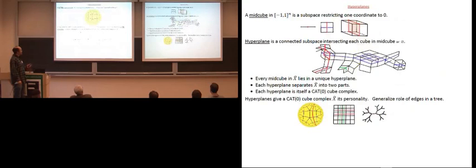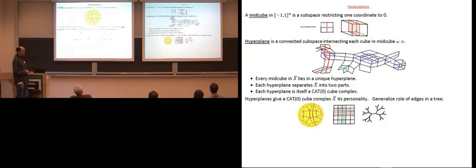So, all right. I said that CAT(0) cube complexes are more of a combinatorial business than a metric business. So let's see what makes them tick and what makes them behave the way that they do. A mid-cube in a cube is what you get when you restrict one of the coordinates to 0.